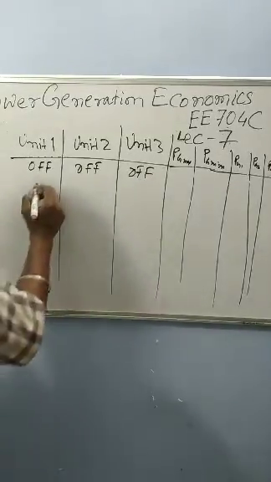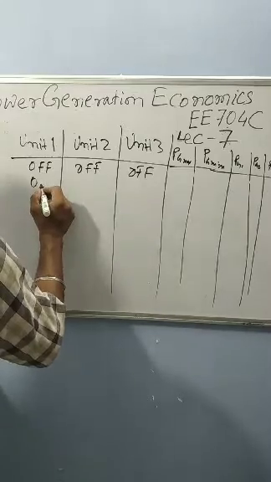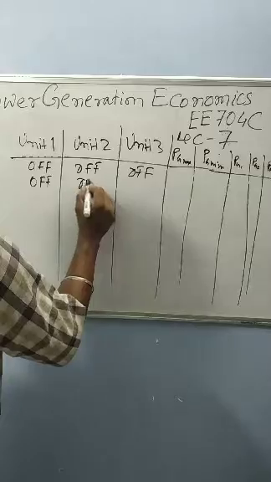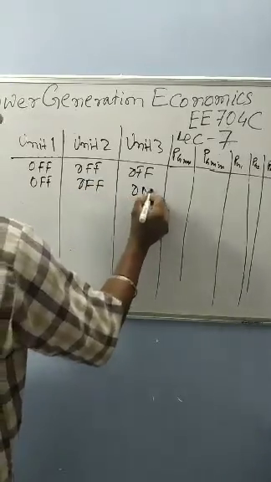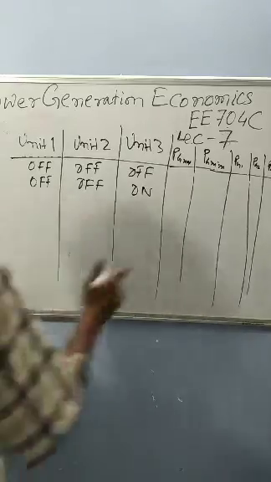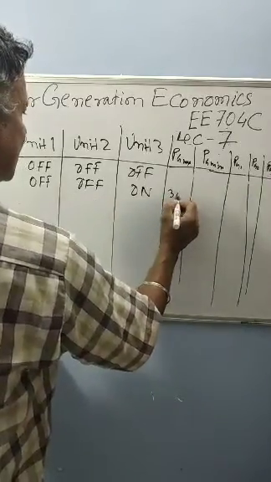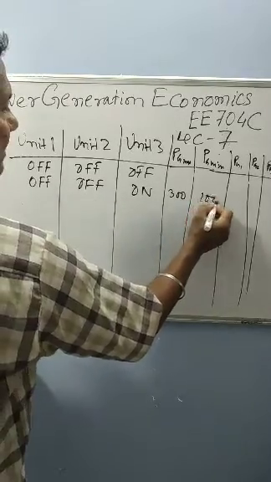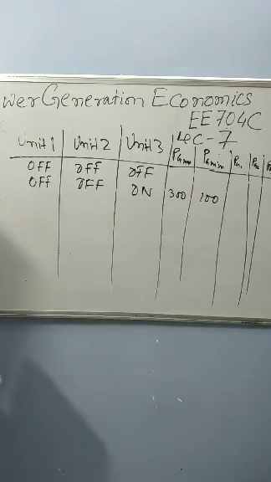So the second one is that we will make the third unit on. If we make the third unit on, what is the maximum of the third unit? It is 300. So maximum and minimum constraints are also given.